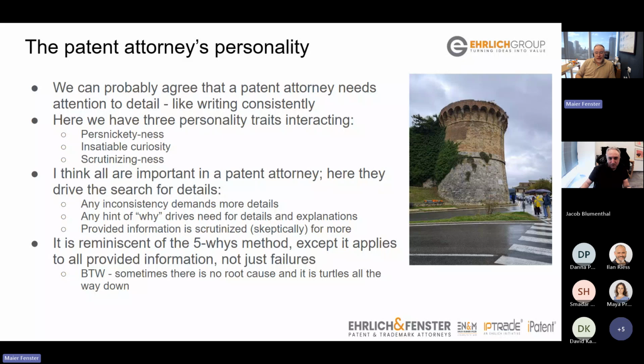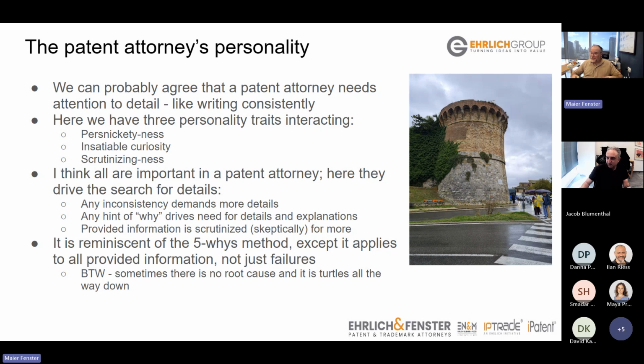I think that in extracting details from a client, there's three different personality traits which interact and which I personally believe are important. One is being persnickety, which means you care about every little detail. One is insatiable curiosity. And one is scrutinizing.